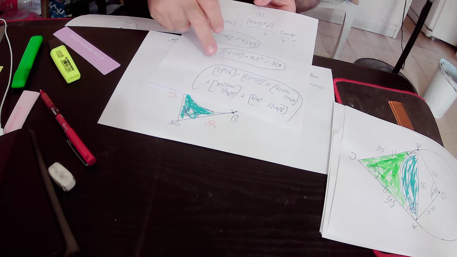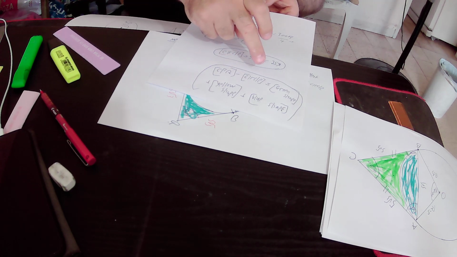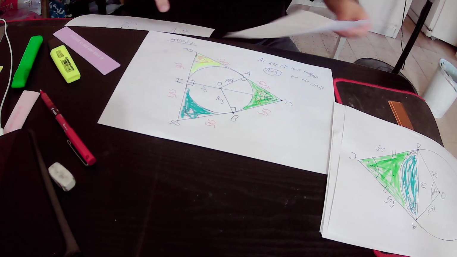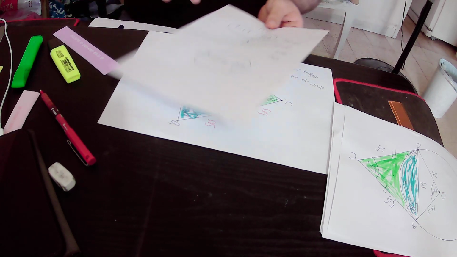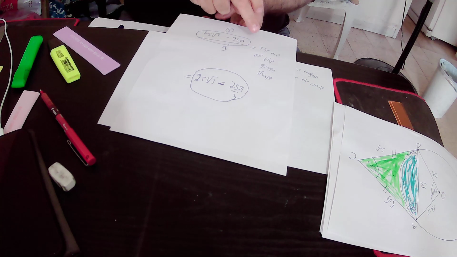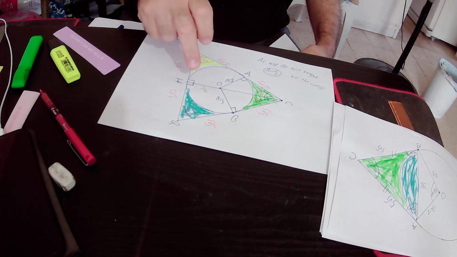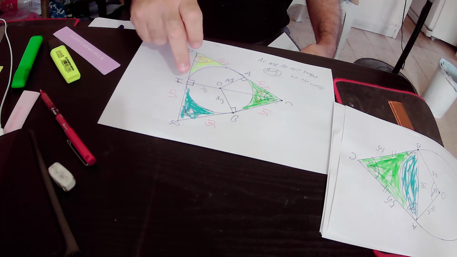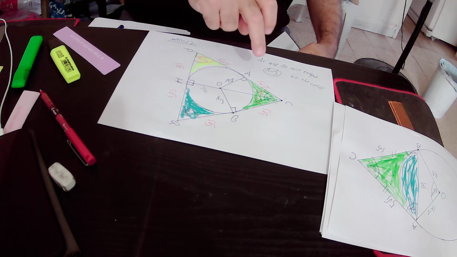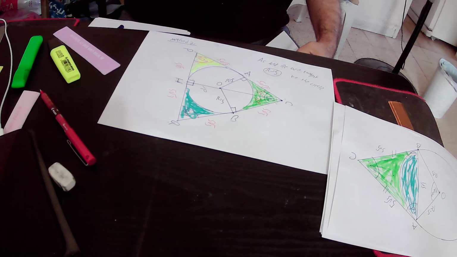Again, the area of triangle CPQ minus the area of the circle equals the areas of those three shapes. So we divided the area of the three shapes by 3, and that is the area of the green shape, because the area of the green shape is a third of the area of the three shapes together.